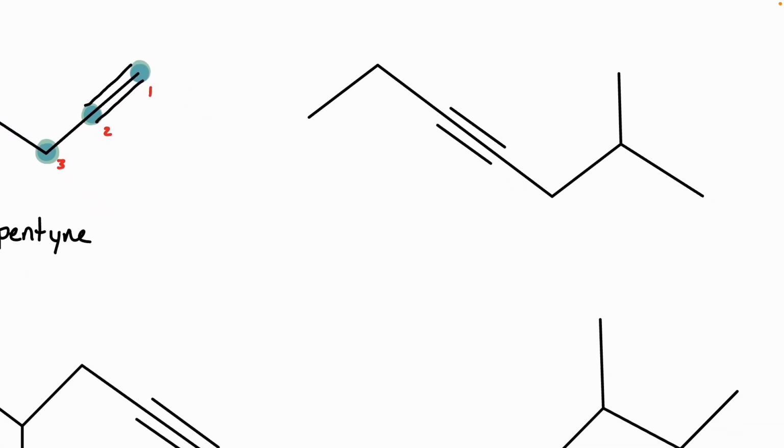Okay, so finding our parent chain. 1, 2, 3, 4, 5, 6, 7 carbons long. I'm going to number my parent chain. 1, 2, 3, 4, 5, 6, 7. So which one are we going to pick, red or blue?